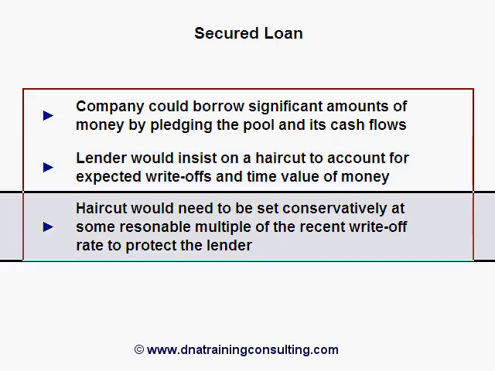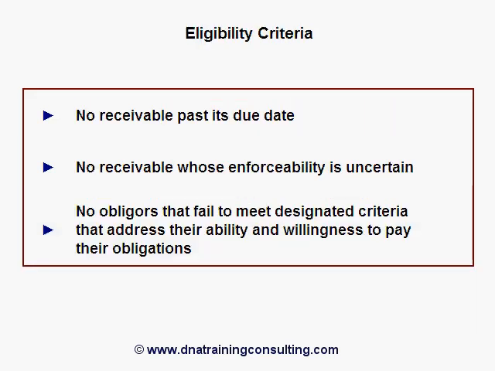A more cautious lender might even set the haircut to reflect some multiple of the recent write-off experience, or even perhaps the worst case scenario mentioned previously, in which up to 2% of the pool is written off under very bad macroeconomic conditions.